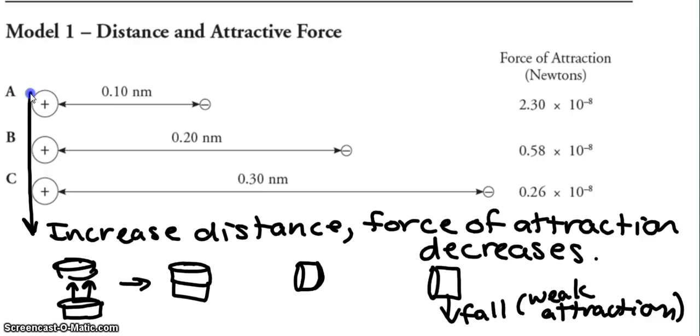The protons and the electrons on the outside of the atom work in a very similar way. The farther away those valence electrons are, the weaker the hold of the nucleus on those electrons.